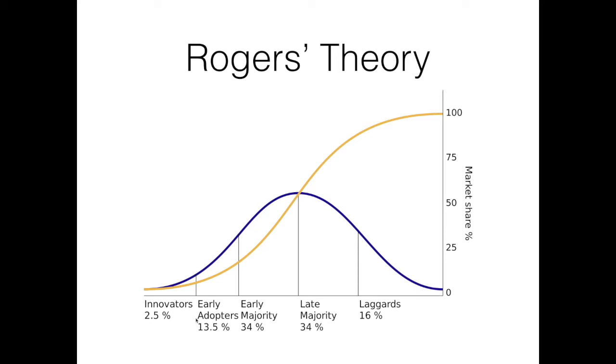So Rogers knew back in 1962 that an explanatory theory required something more than the assumption that there was just one type of person all responding to the same information. And his proposed solution was based on the idea that there's not just one type of person. There are 5 types of people: initial innovators, and then early adopters, early majority, late majority, and laggards.